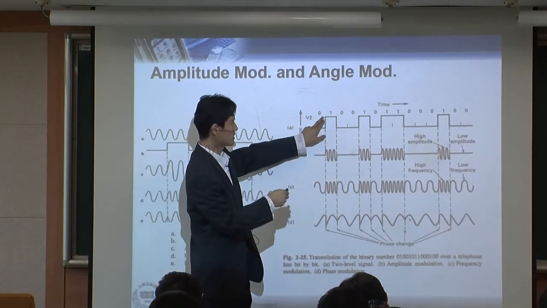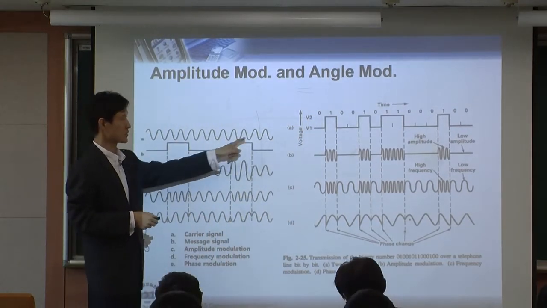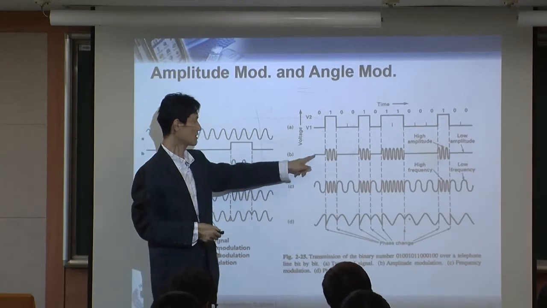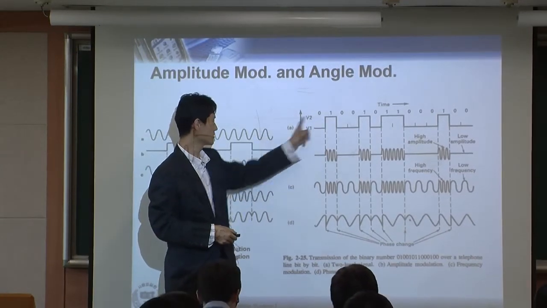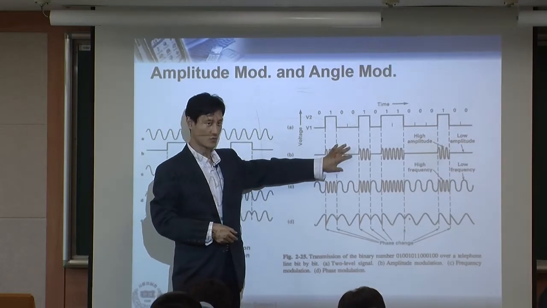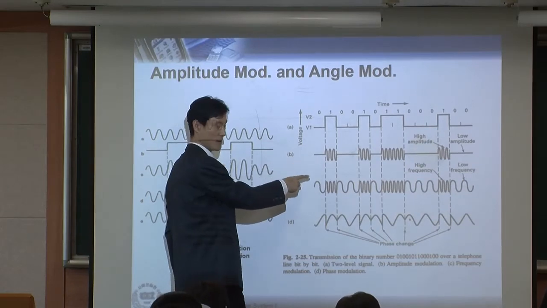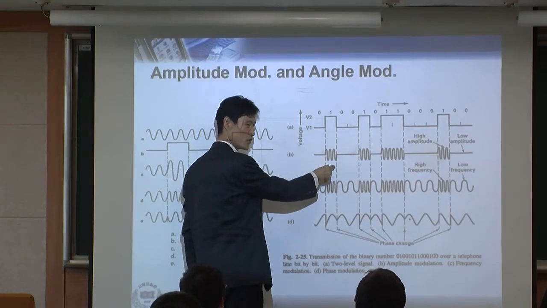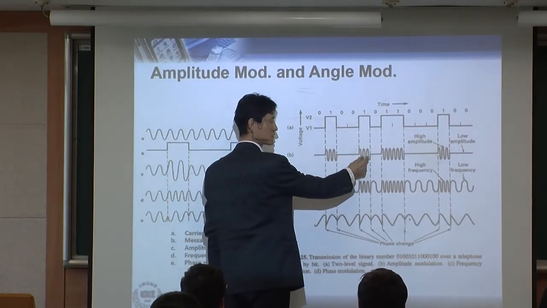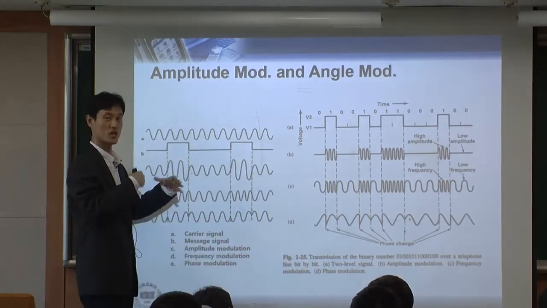So this message is multiplied with the carrier. 0 times carrier, nothing. 1 times carrier, you get the carrier. That's one way of amplitude modulation. The amplitude changes: you have nothing, something, nothing, something. So again, this is amplitude modulation because amplitude changes.